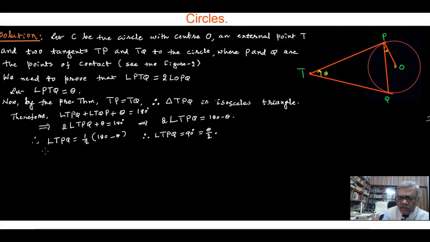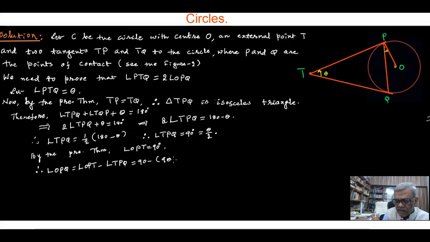And therefore, by the previous theorem, angle OPT equals 90 degrees, since a tangent is perpendicular to the radius, and therefore angle OPQ equals angle OPT minus angle TPQ, and that equals 90 minus, 90 minus theta by 2, which is theta by 2.